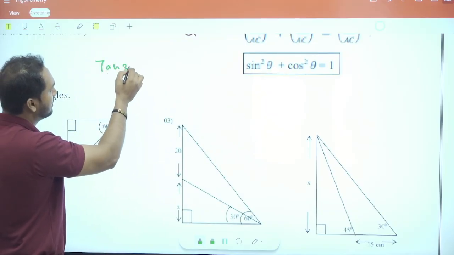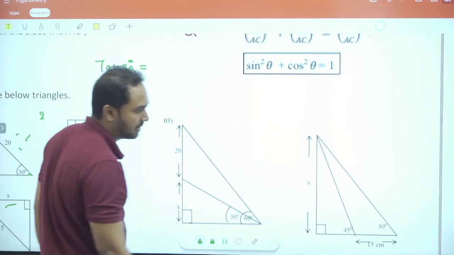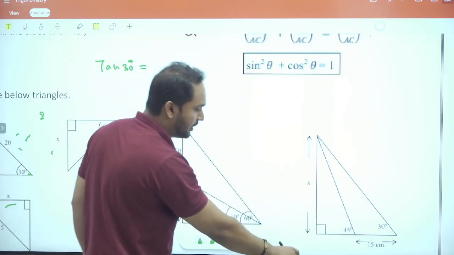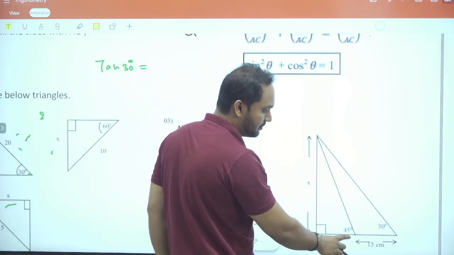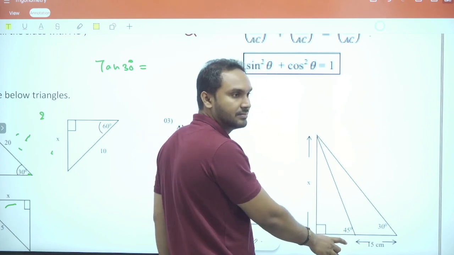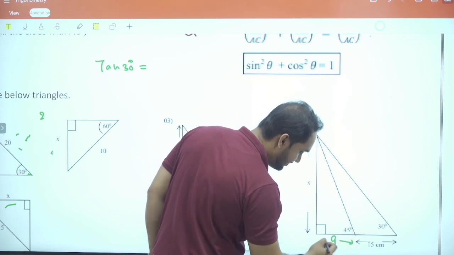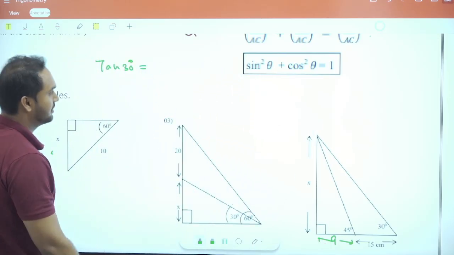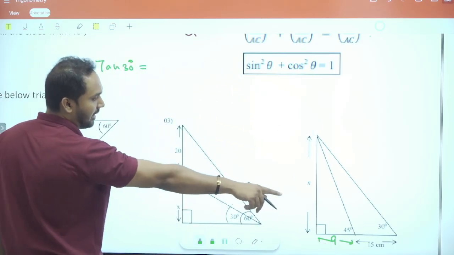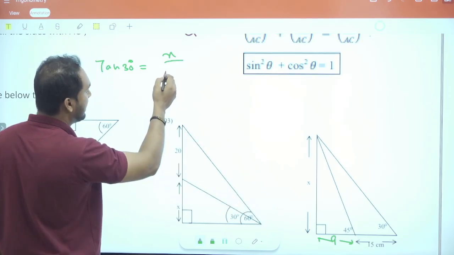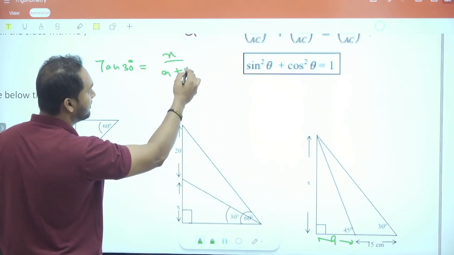tan 30 equals x over, now here you will have to add something. What symbol would you put here? The same a. Okay, everybody likes a. So that will be x over, opposite over adjacent, which is a plus 15, right?